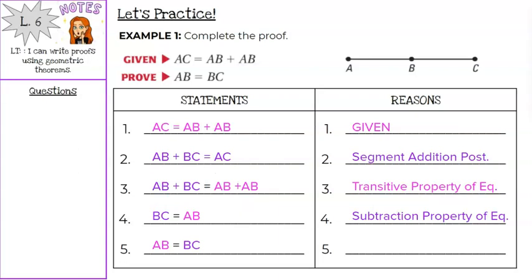So right now we have BC equals AB. We wanted to prove that AB equals BC, so we can flip-flop around the equal sign. The reason we can rewrite it that way is just that symmetric property of equality. And now we've logically explained why if AB plus AB equals AC, then AB equals BC.